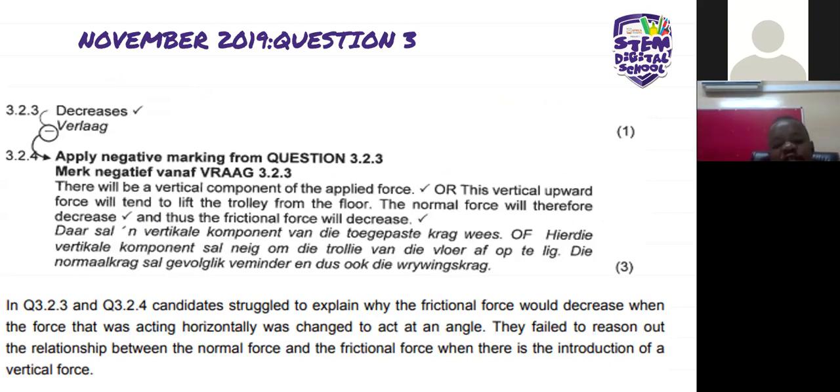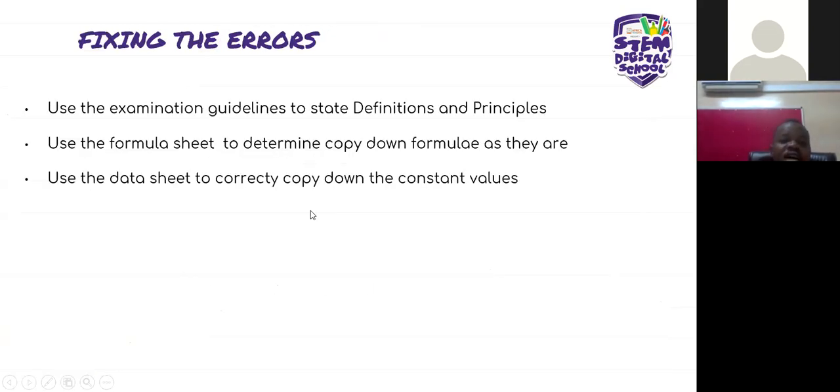If that force is applied at an angle of 60 degrees above the horizontal, then the normal force is going to decrease, and when the normal force decreases, the frictional force will decrease. Those were some of the challenges that some of you learners are experiencing.